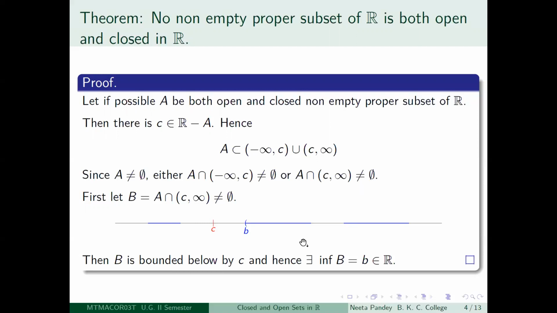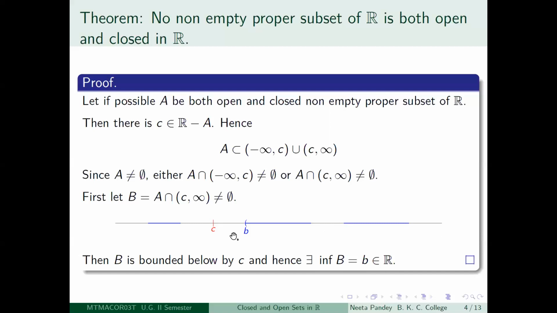So let us see what will happen. First, let us look at this part: suppose that A intersection the open interval C to infinity is non-empty. So there is this portion of the set capital A here. There is some other little segment here which is also in capital A. There are some points which are not in A also. So the general situation will look something like this.